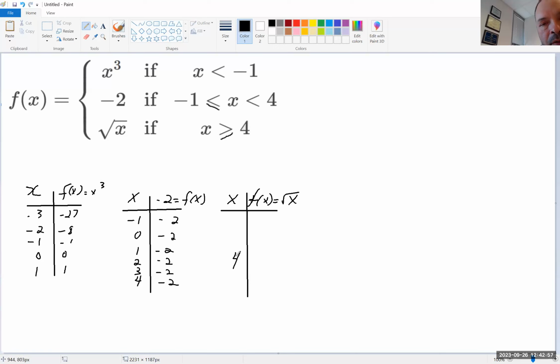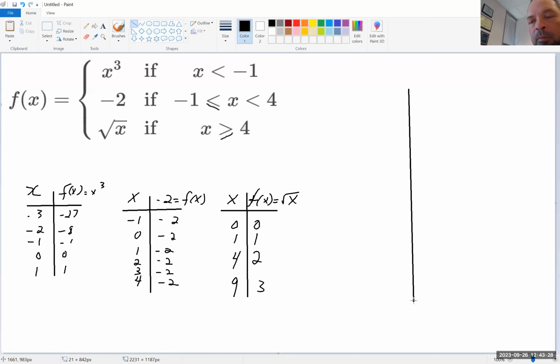But first of all, they should be things that are easy to get the square root of, like 1 and like 0. And we can't get the square root of a negative number, so we can't go any further than that. And then let's go to 9. So the square root of 0 is 0, the square root of 1 is 1, the square root of 4 is 2, and the square root of 9 is 3. That should be plenty of information for us to come up with a graph of this piecewise function.